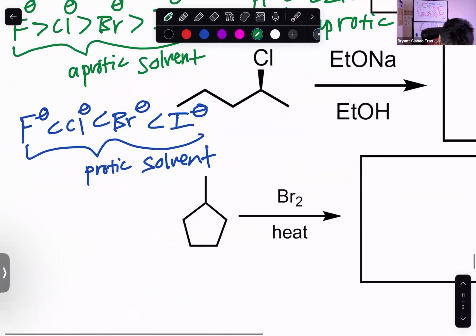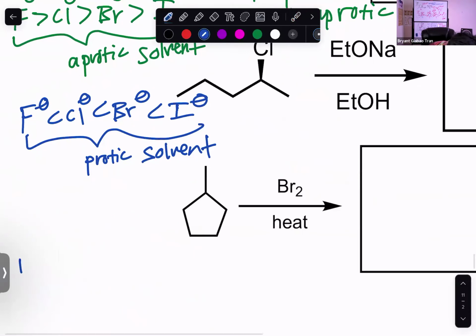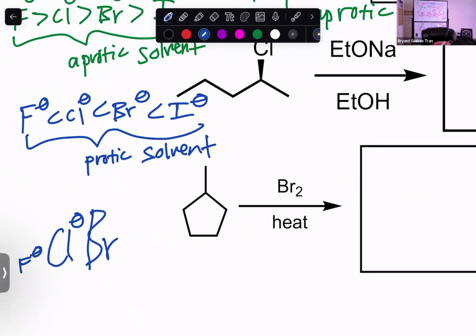But now if we move on to protic solvent, let's do the same size scale: Cl minus, Br minus, I minus. Now I'm going to draw the positive charge H's in purple like that. The F minus here, because it's so small, H bonds are able to solvate around that ion. And if you look at iodine, because it's the biggest, there's less solvation on the iodine.